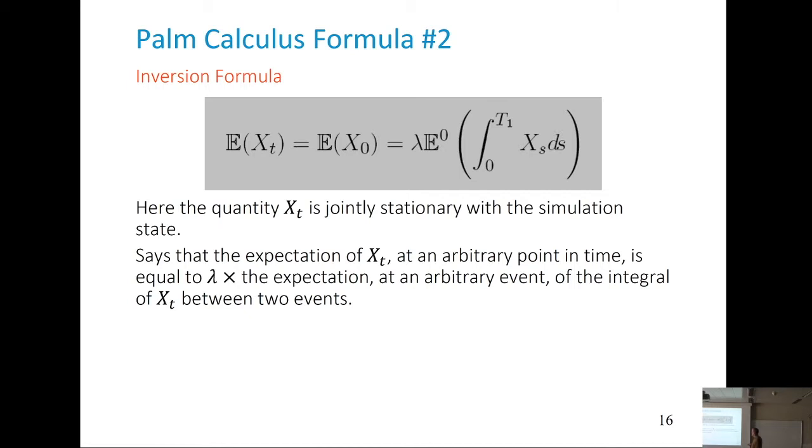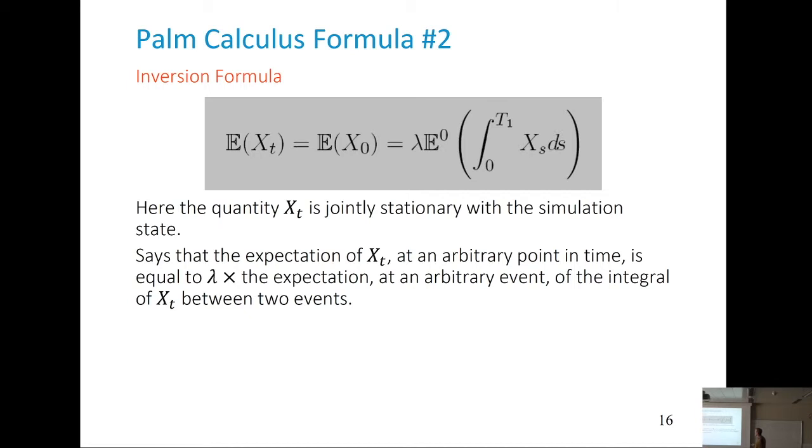Since we do Palm expectation, remember that we condition on the fact that at time 0 there is an event. So this is the integral over the time interval between this transition that occurs now and the next. We take the integral of x here.